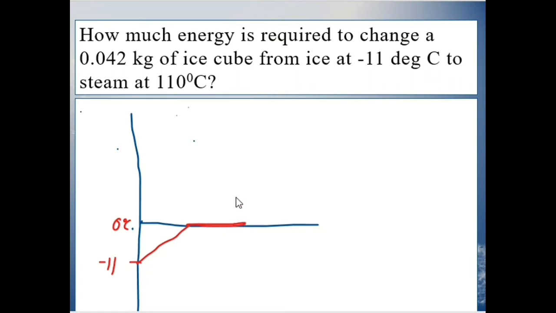And then after that, it will increase up to 100 degrees Celsius, and then there will be boiling or evaporation at that point. So there's no change in temperature again. Then afterwards, it will increase to 110 degrees Celsius. Okay? So now let's write down the equation for each step, and then we'll combine everything.